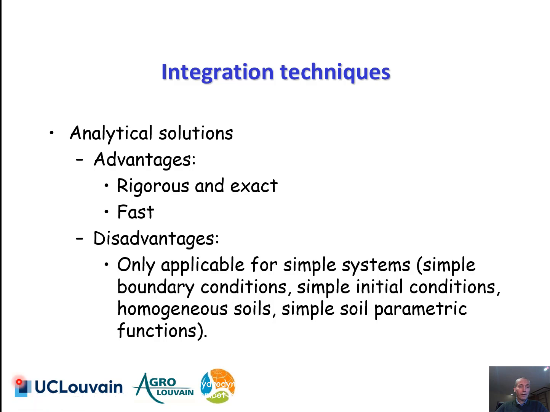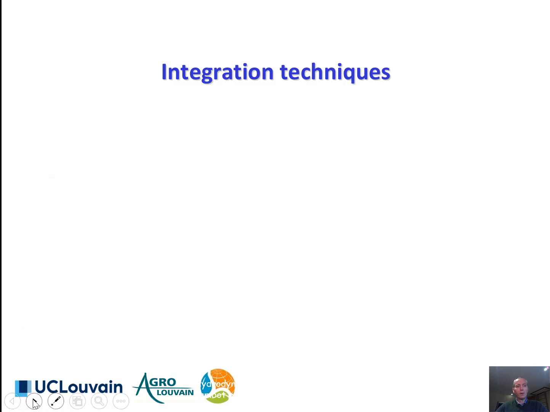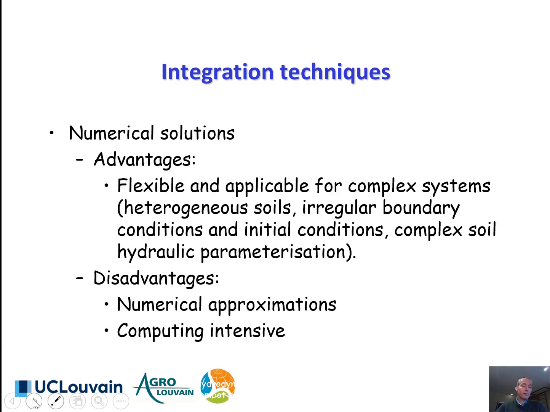So therefore, there exists an alternative. The alternative are numerical solutions. Numerical solutions are much more flexible and they are applicable for much more complex systems. They can be applied for solving these differential equations for heterogeneous soils, subjected to irregular boundary conditions, and subjected to initial conditions, subjected to complex soil hydraulic parameterizations, and so on and so on.